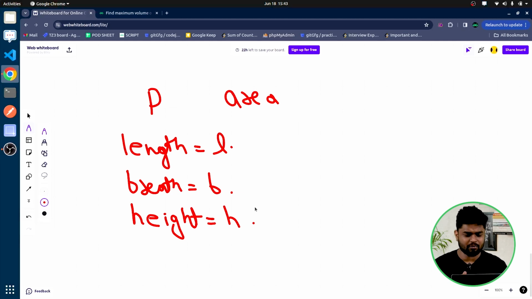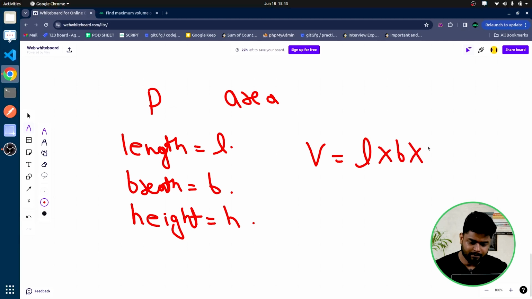So what is the formula for the perimeter here? Whenever we have to calculate the perimeter, the area and the volume, for the volume of a cuboid the formula is length into breadth into height.